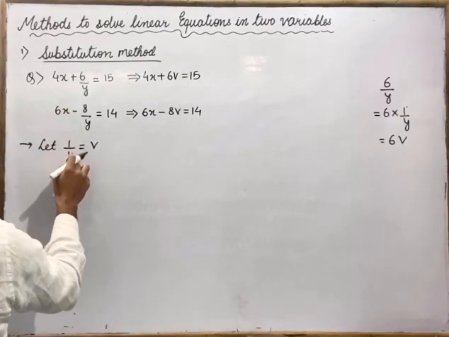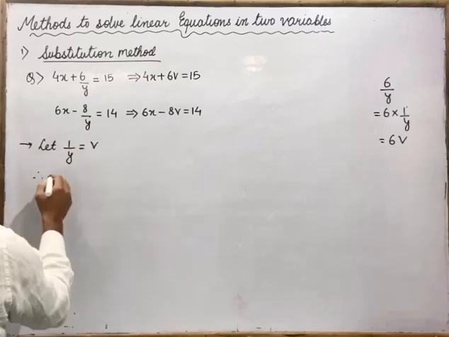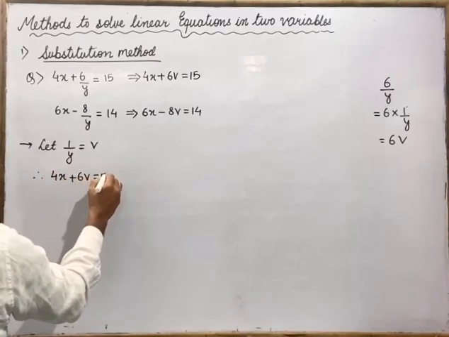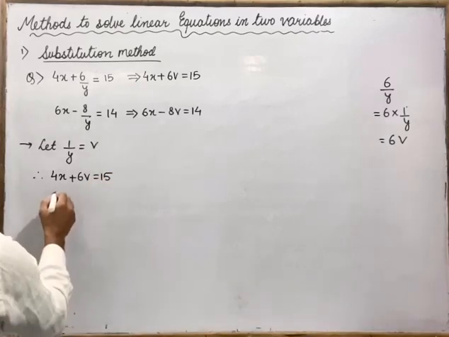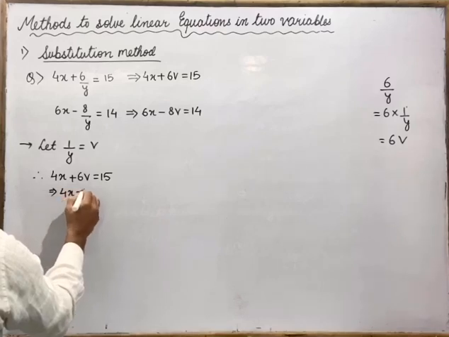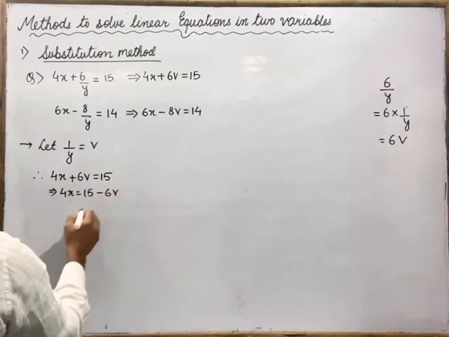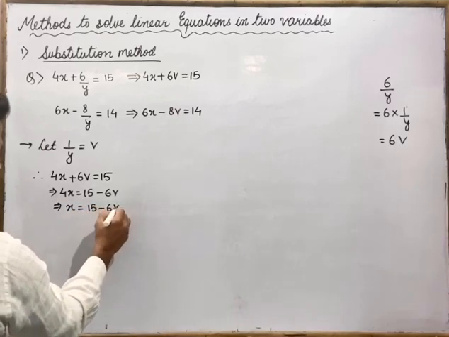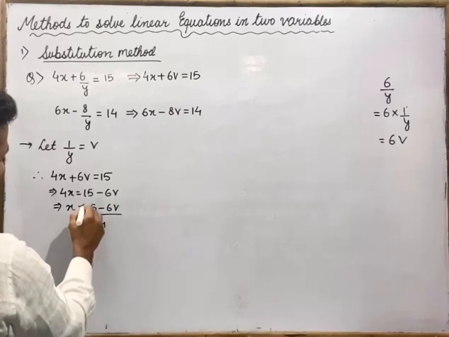Let 1 by y equal v. Therefore, the equation becomes 4x plus 6v equals 15. So can you write it as 4x equals 15 minus 6v? So x equals (15 minus 6v) by 4.